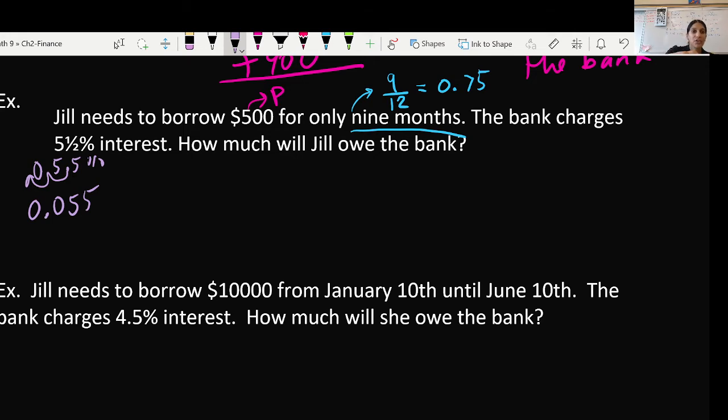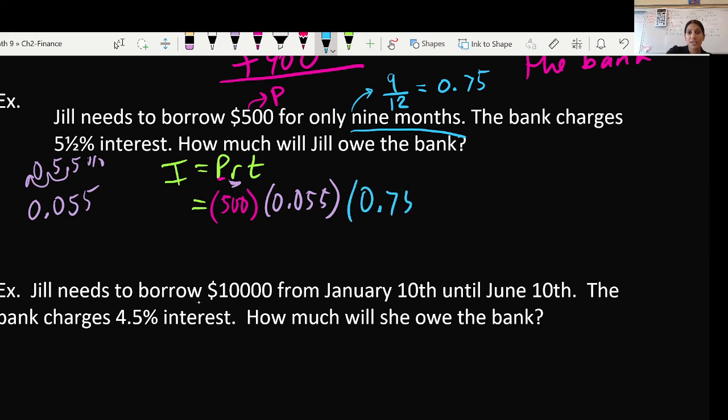So in order to work with our formula, I equals PRT, the initial principal amount would be $500, the R value would be 0.055, and the T value would be 0.75.